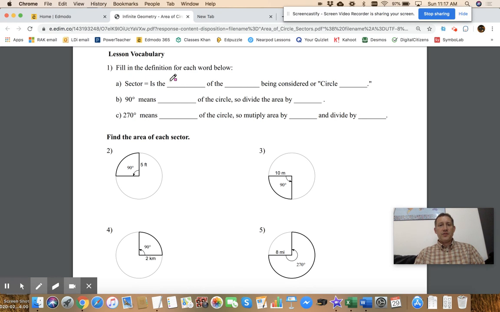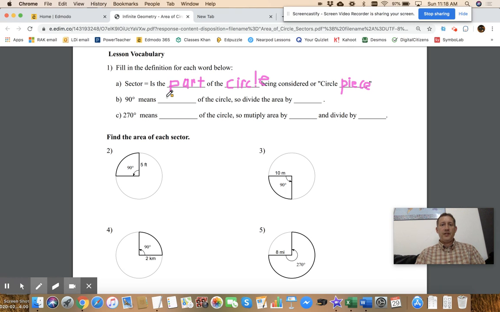So a sector is another word that just means the part or piece of the circle that you're considering, the part of the circle that you're measuring. You could call it the circle piece.